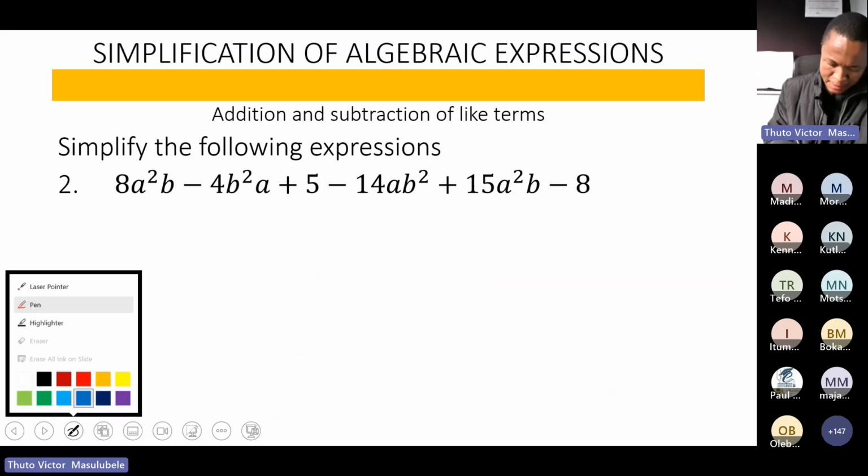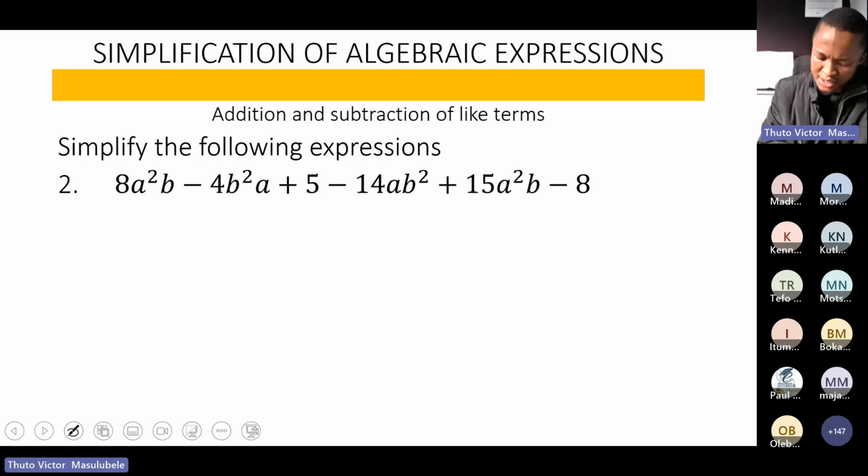So let us analyze this particular statement. If you check all the terms we have in this algebraic expression, the second term, if you notice, the variables there are not arranged in alphabetical order. So before we proceed with this particular expression, please make sure that you arrange your terms.